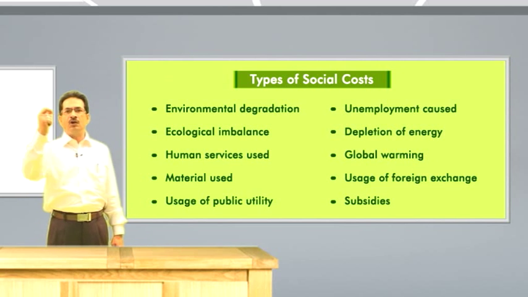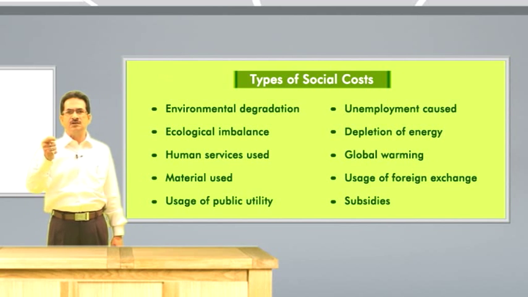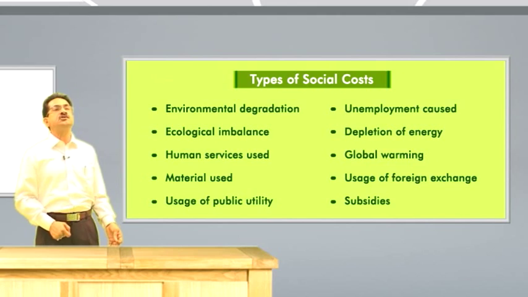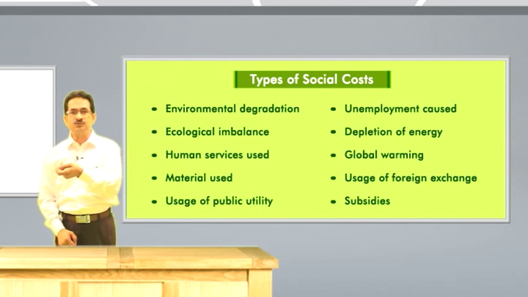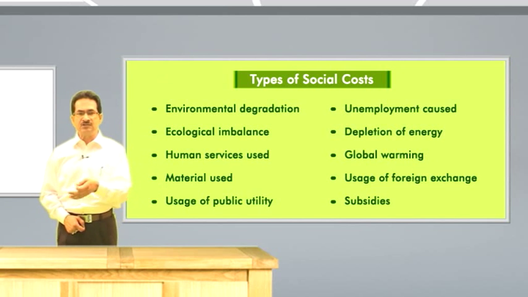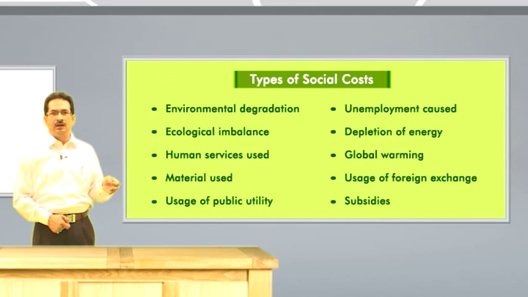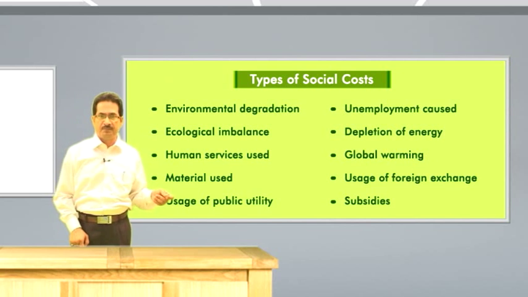Another one is ecological imbalance: shrinkage of habitat of wild animals, scarcity of natural resources, like groundwater, surface water, scarcity of grazing land, scarcity of medicinal plant, and another one of this kind is extinction of flora and fauna and germplasm.